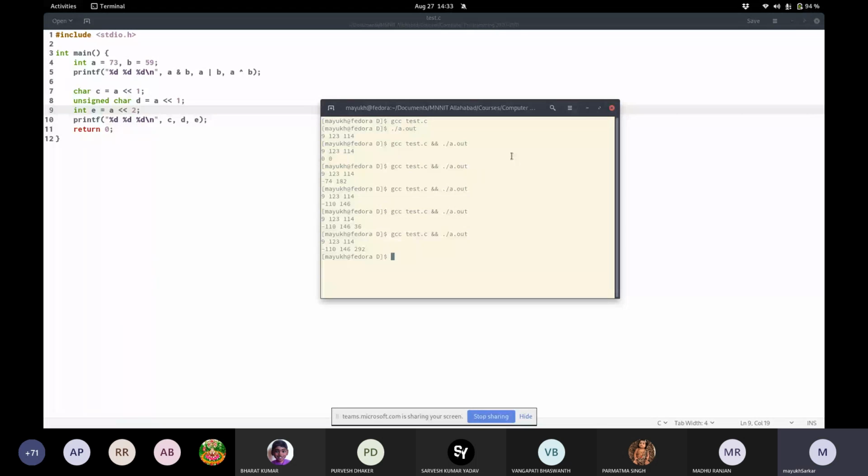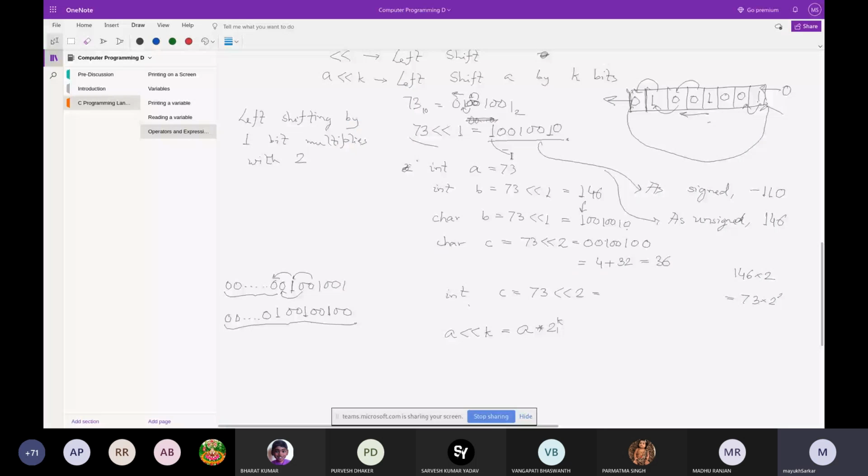Only the least significant, last 8 bits, or 16 bits in the case of short, will remain. So you have to evaluate them accordingly. And after evaluating, let me write this as a rule so that you can keep it in mind.